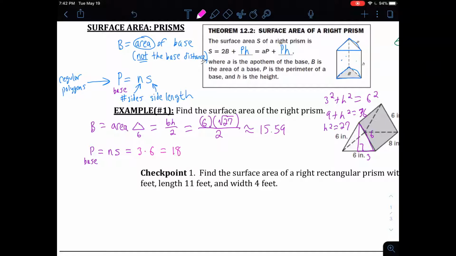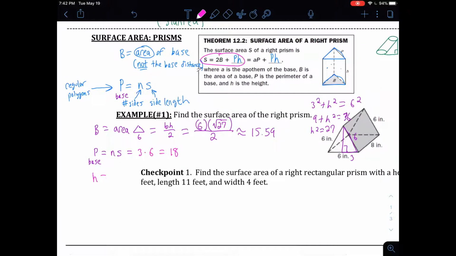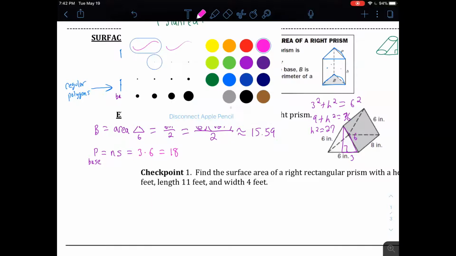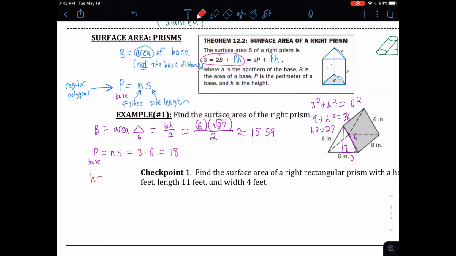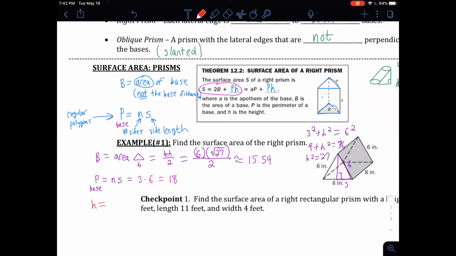All right. And then the last thing we need for this formula, we're using this formula up here, okay? The last thing we need is the height of the prism. Now this is a little tricky, not too tricky, but the height of the prism is the distance between the bases. Height equals distance between bases.